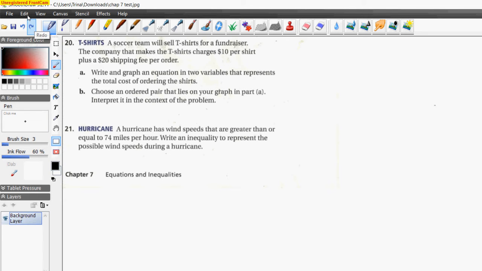And now, what is the variable? We're going to let the variable be, let's say C, which represents the cost of ordering the t-shirt. So I'm going to put right here, variable.